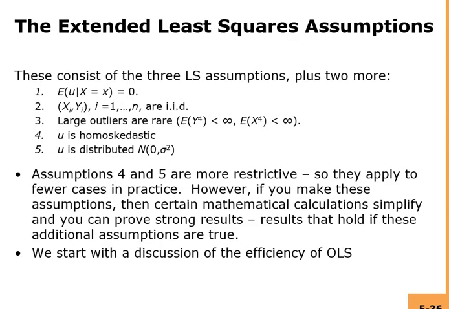So the answer to your concern about OLS is that if we add these fourth and fifth assumptions to the list of assumptions already existing for OLS, then we are actually making the assumptions more restrictive. What that simply means is that these conditions will apply to fewer cases in practice.